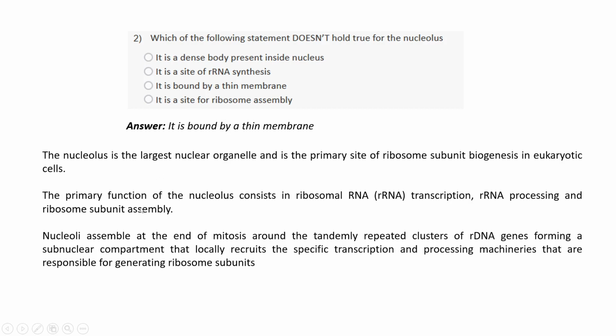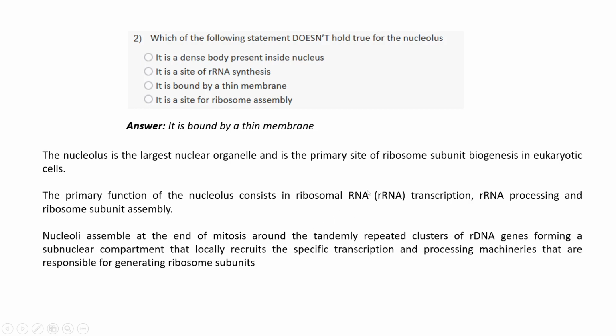The nucleolus is assembled at the end of the mitosis phase, and it recruits certain transcription and processing machinery which is helpful in generating the ribosomal subunits. At the end of mitosis, the nucleoli are formed and contain ribosomal DNA from which ribosomal RNA will be formed, with the transcription factors and post-transcriptional mechanisms inside the nucleoli.